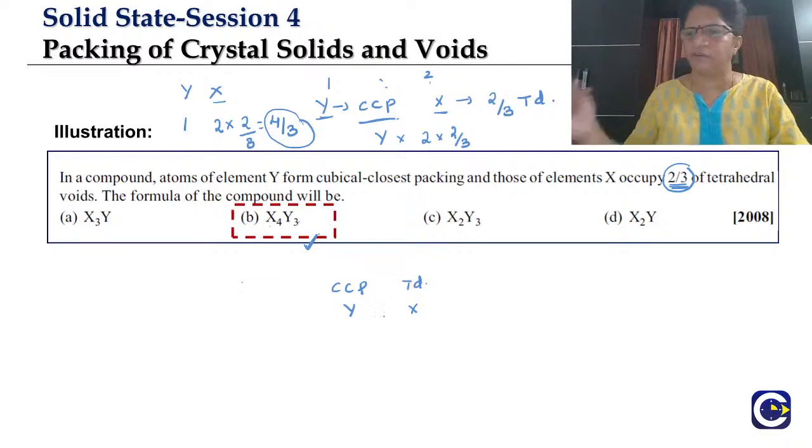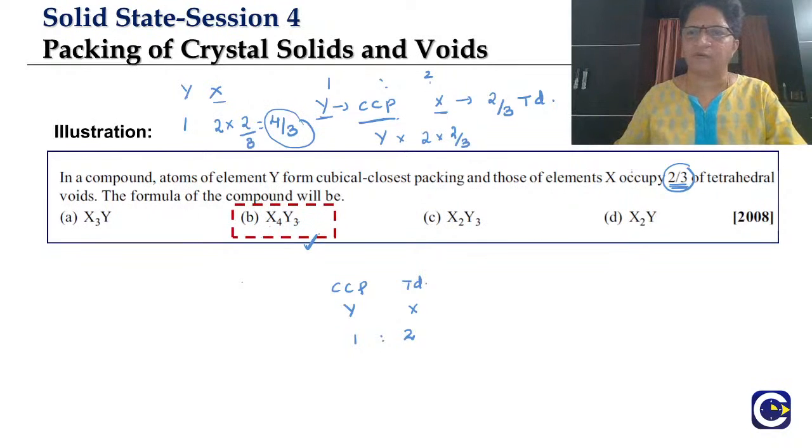First we take the ratio that we have learnt, that is close packed to tetrahedral voids is 1:2. So first write what is known to you, then write what is given. 2/3 of the tetrahedral voids are occupied. So 2 into 2/3 is 4/3. So 1:4/3. Since we cannot take the fraction, we will multiply throughout with 3, because it will cancel the denominator. So it will become Y3 X4. X4Y3 would be the formula of it.